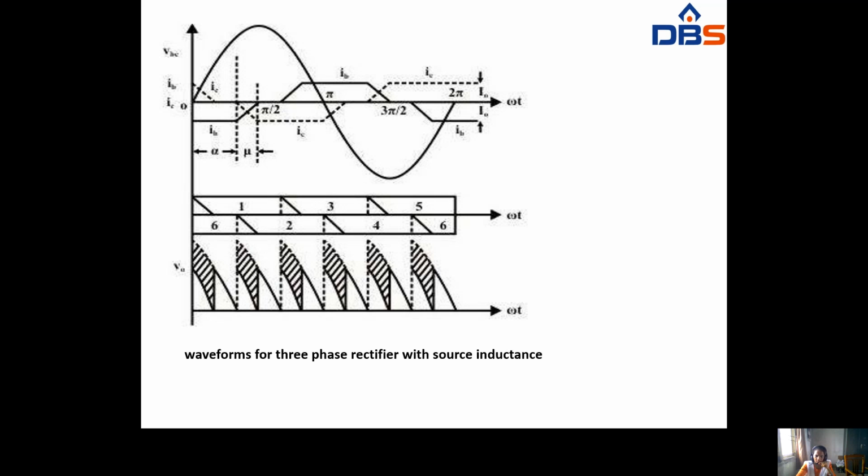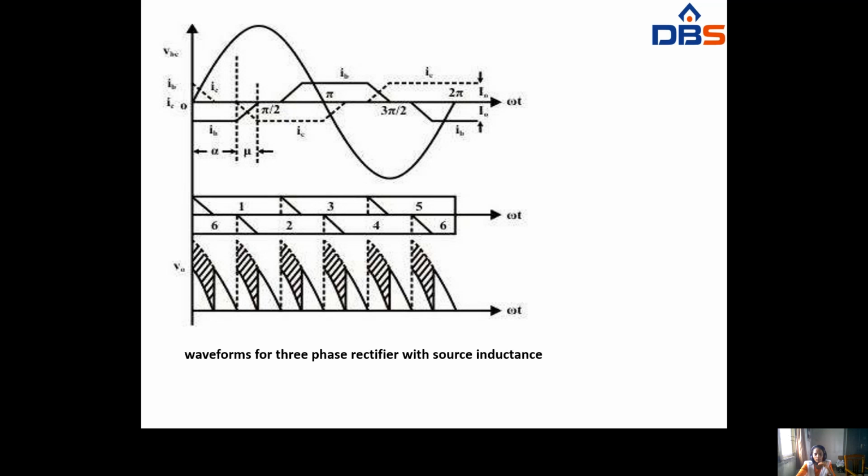When the VBC line is taken, at the start, due to the source inductance, the current will be like this. It will be formed from IB. So this is IB. When taking one line, IB at pi by 2 will come to 0.